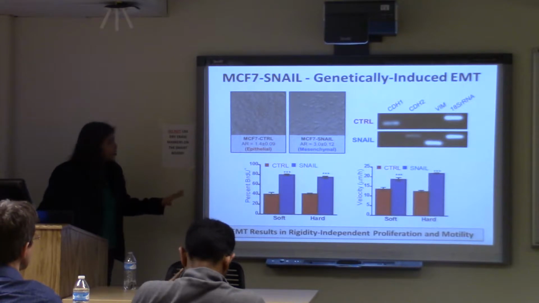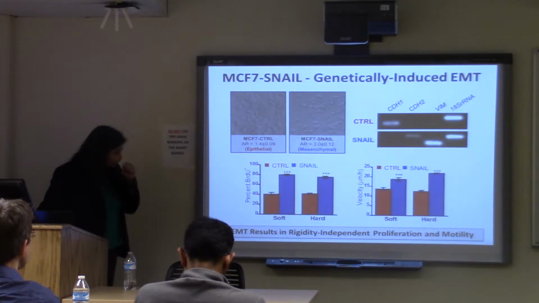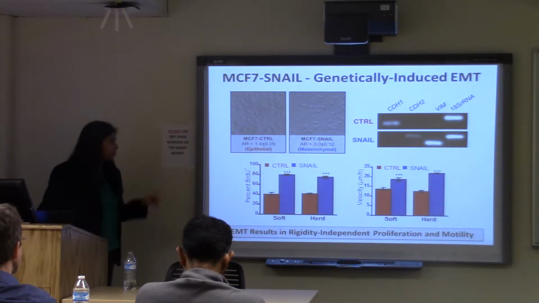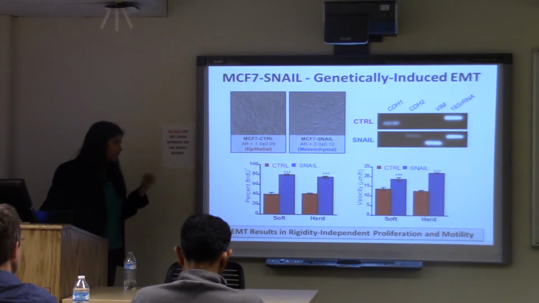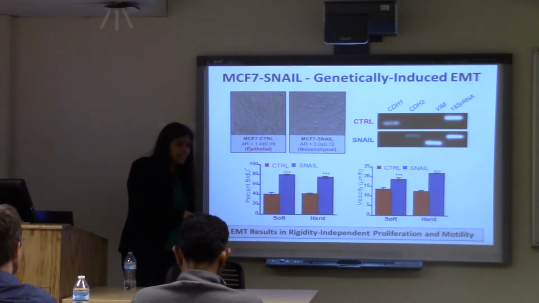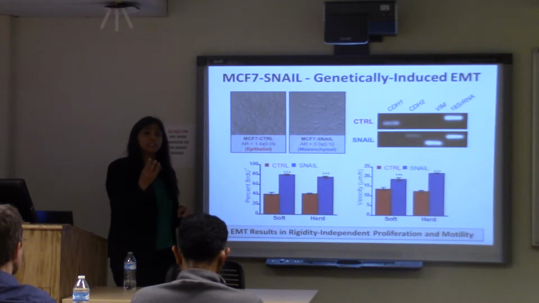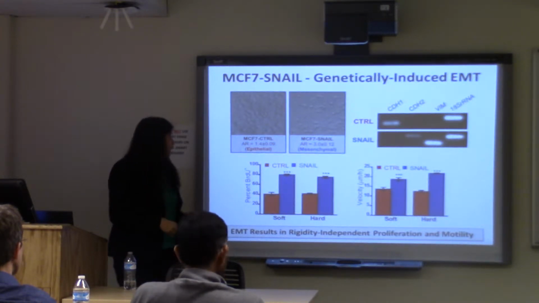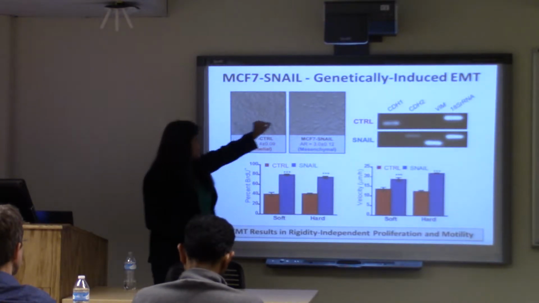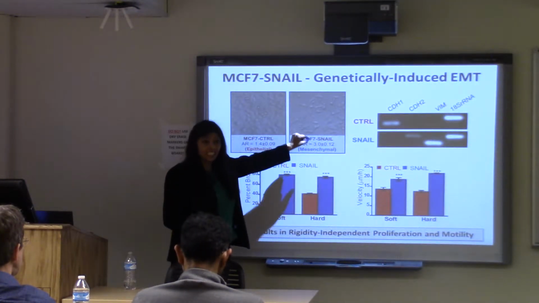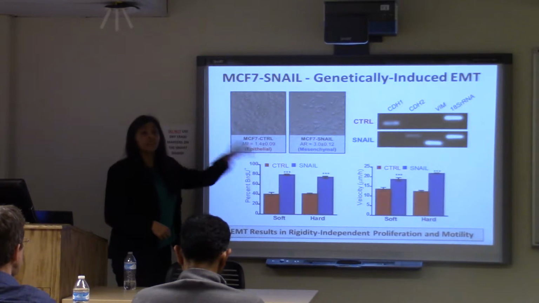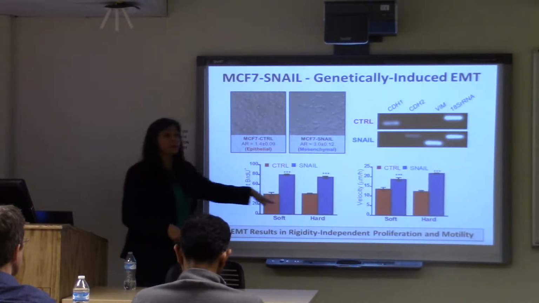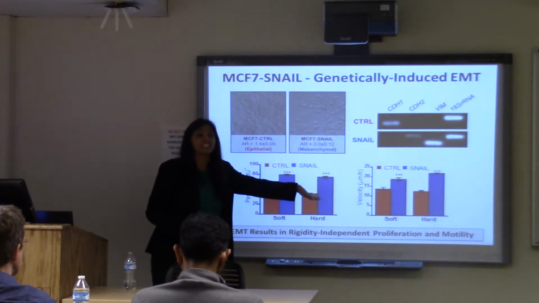And so I've already told you guys about this study a little bit, and I want to go back to it for just a second, and I want to tell you one more thing that's important about it. And that's that when we have a cell that's invasive, it responds to a change in the mechanics of its environment, so it's mechanosensing. But if we take a cell and we induce it to express something like Snail constitutively, and so it has this more invasive phenotype, then it no longer responds to changes in the stiffness of its environment.